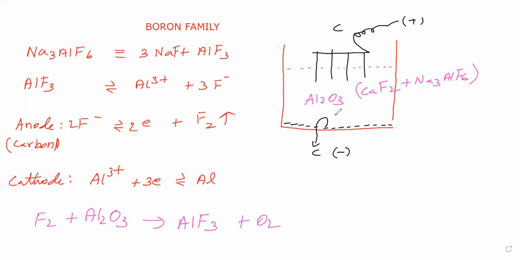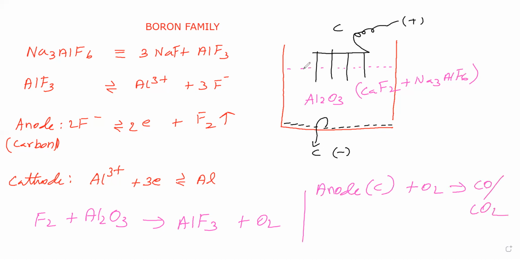Here the temperature is high because it is in the molten state. At this higher temperature, oxygen gas is liberated at this anode, because at this anode fluorine is liberated. This fluorine becomes oxygen, and that oxygen burns with this carbon. Therefore, this anodic carbon burns with oxygen and becomes carbon monoxide or carbon dioxide.